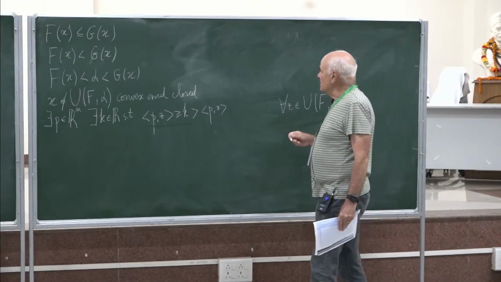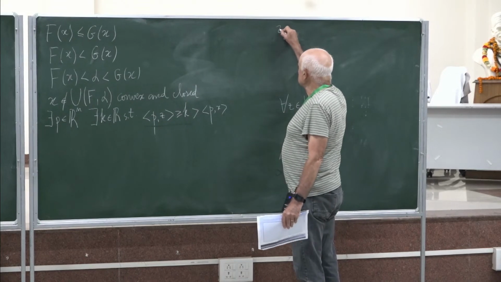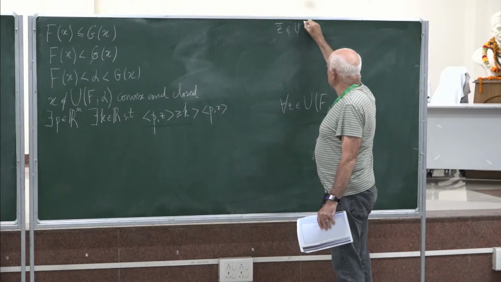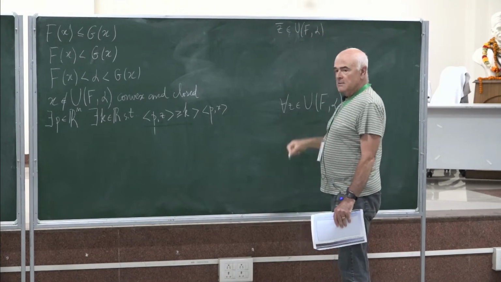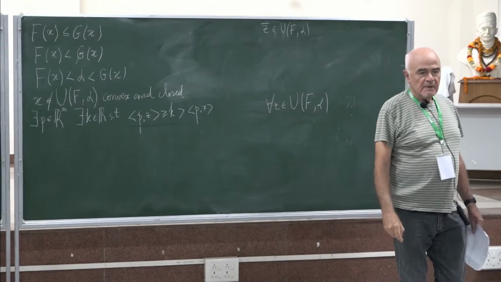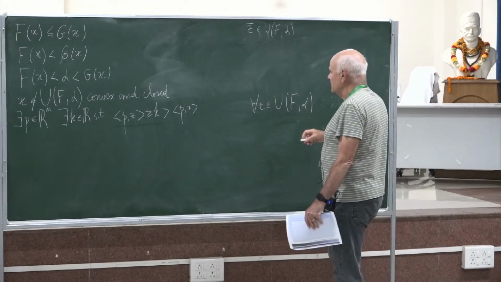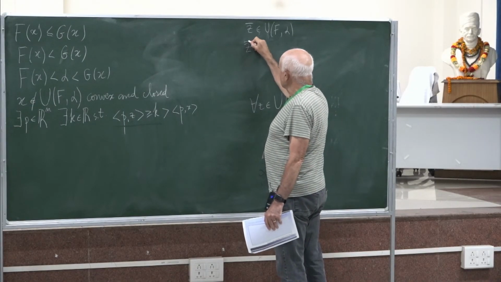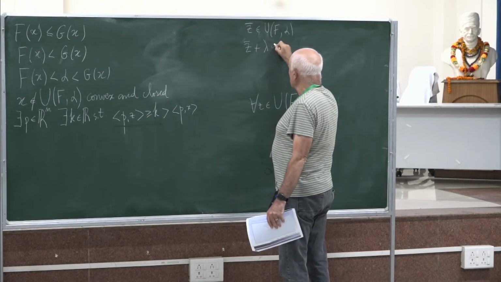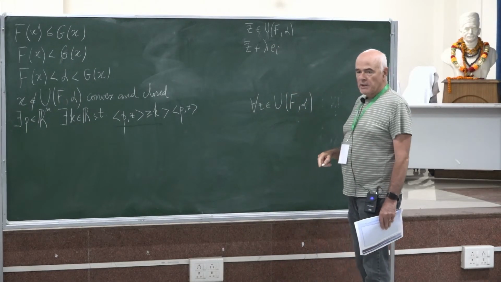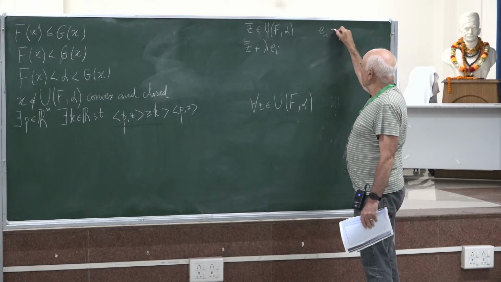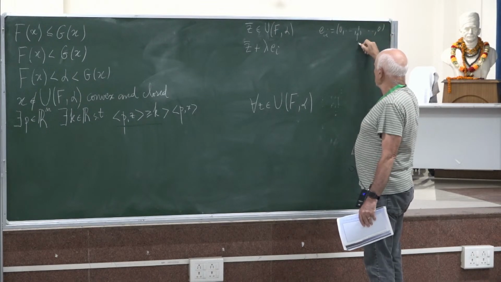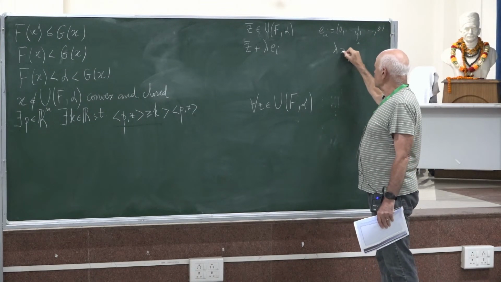So there is some element Z bar, I can take an element here, okay? And then I consider this element where Ei is the unit vector with 1 in the ith component and lambda is strictly positive.